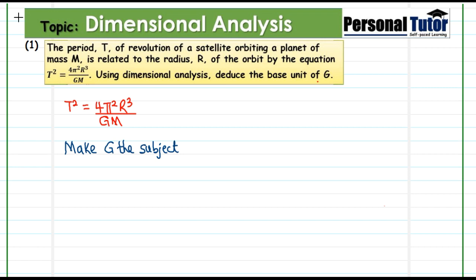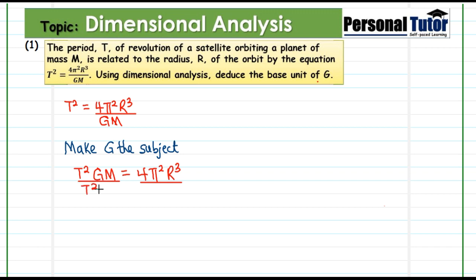Okay. And so, if you look at this critically, if you want to make G the subject, first let's cross multiply. That will be T squared multiplying GM equals 4 pi squared r cubed. In order to let G stand alone, you have to divide both sides by T squared and M. So G will be alone.